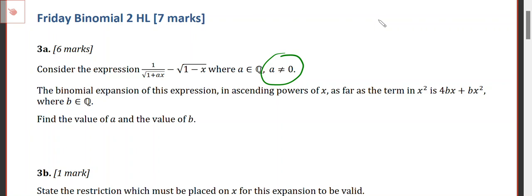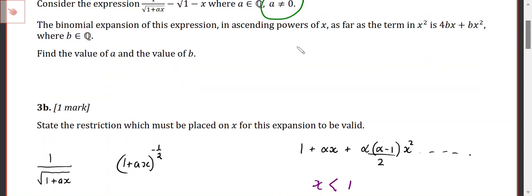Okay. But there is this. Now I guess for me, there's a word in here that maybe you guys missed when you were doing this, which is: state the restriction which must be placed on x for this expansion to be valid. So you're not finding solutions, you're expanding. What's the difference?